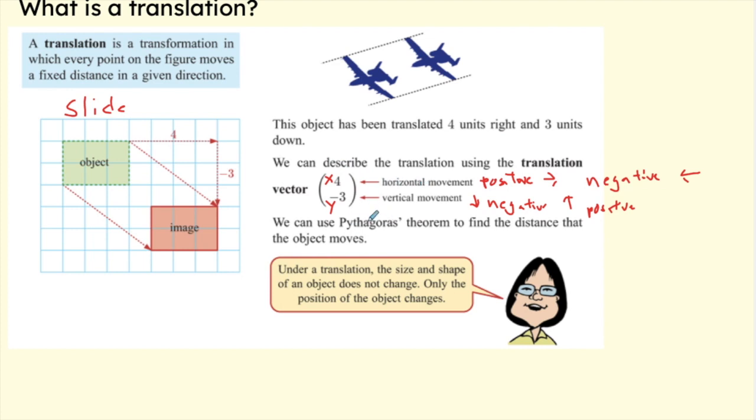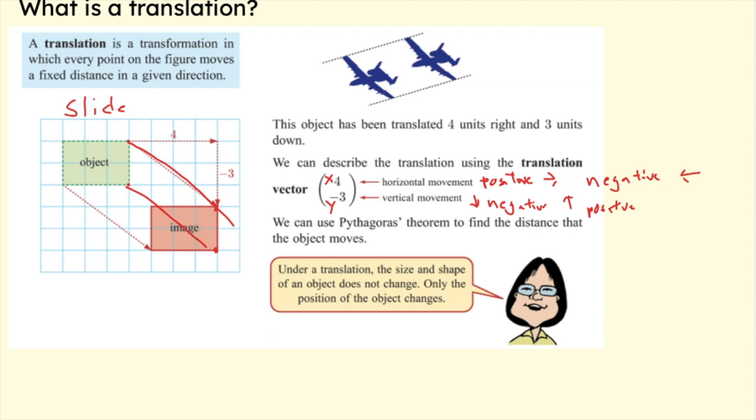Horizontal and vertical. Now we can use Pythagoras' theorem to find the distance an object moves. This point has moved to here, so it's moved that far. This point has moved to here, and it's also moved this far.